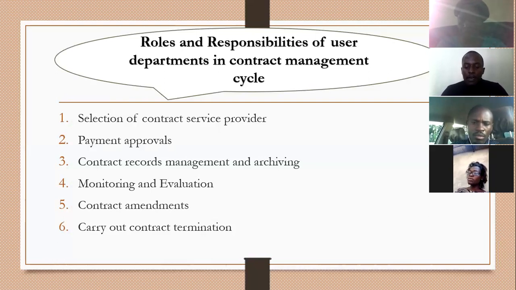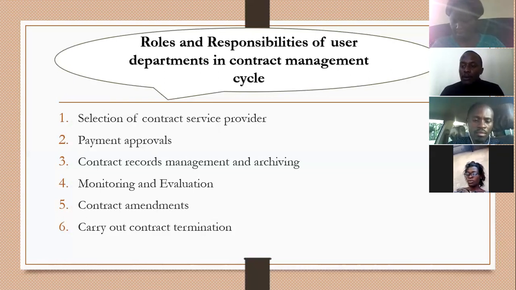Basically, taking a guide according to the PPDA Act, all projects that have documents, these documents must be kept for not less than 7 years. So basically, one of my colleagues has been talking about payments.